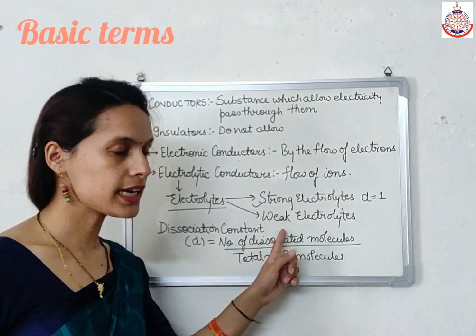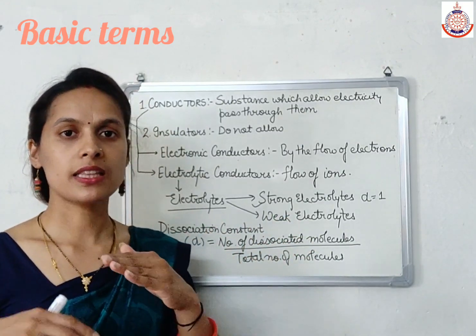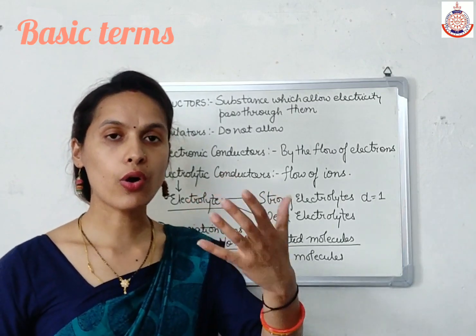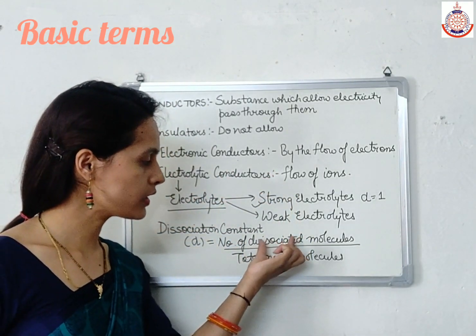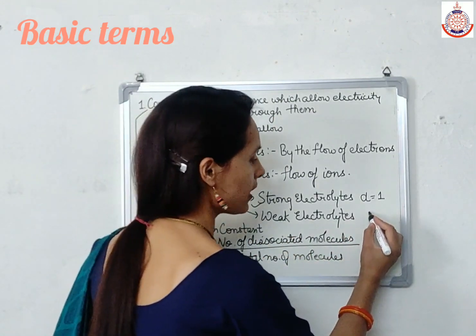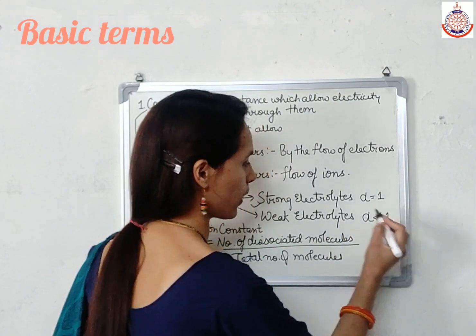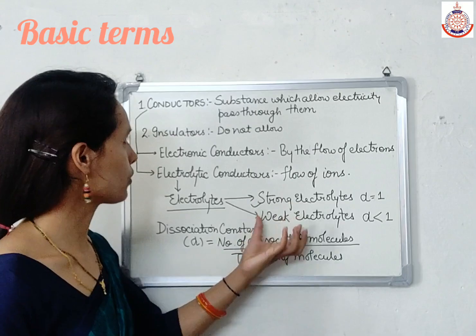But in a weak electrolyte there is partial dissociation of the electrolyte. It means the dissociated molecules are always less than the total number of molecules, so the numerator is always less than the denominator. So alpha is always less than 1 for weak electrolytes.